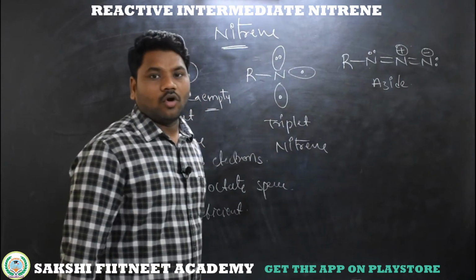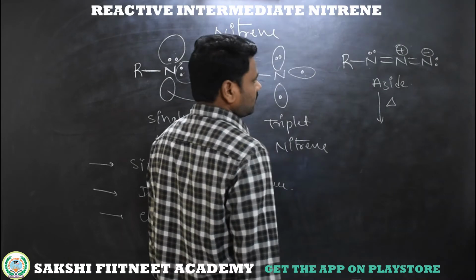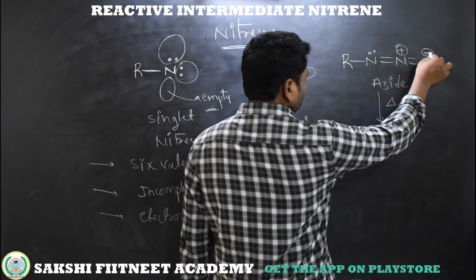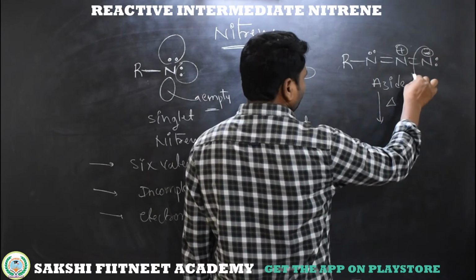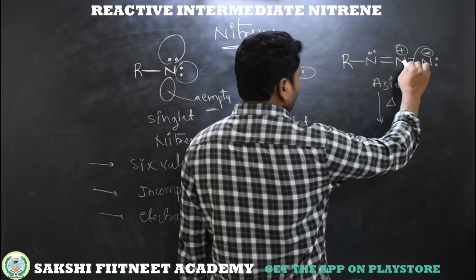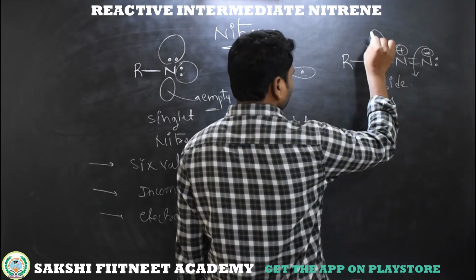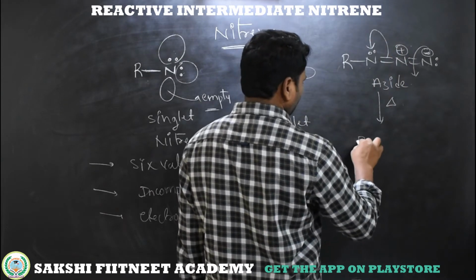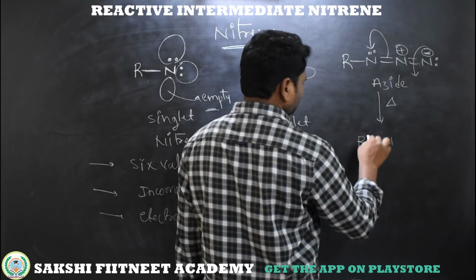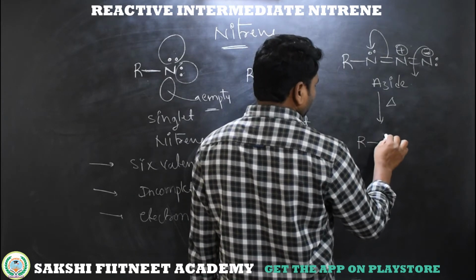On thermolysis of the azide group, upon thermal energy, the negative non-bonded electrons shift towards the nitrogen, so the double bond becomes a triple bond. The pi electrons shift to the nitrogen. The R group, the carbon group bonded to the nitrogen, already has a lone pair.